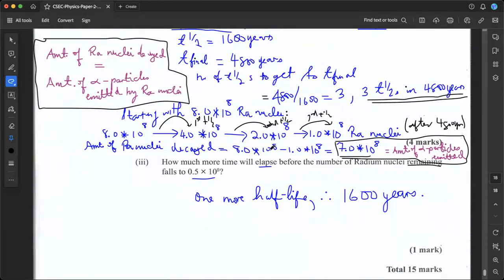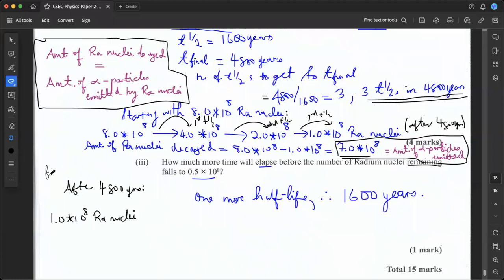Remember that at the end of this 4,800 years, what we ended up with was 1.0 times 10 to the 8 radium nuclei remaining, because that's what we calculated first in part 2.